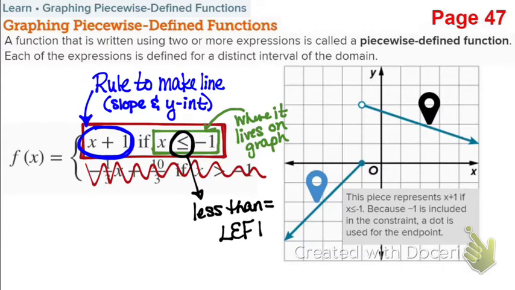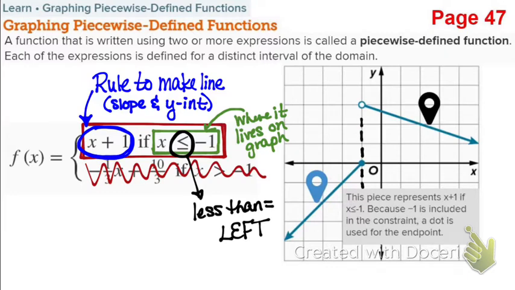Left of what? It says less than what? -1. Where is -1 on the x-axis? Yep, just barely to the left of the origin.